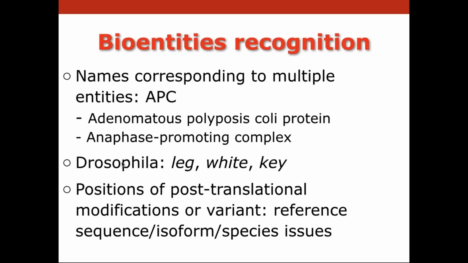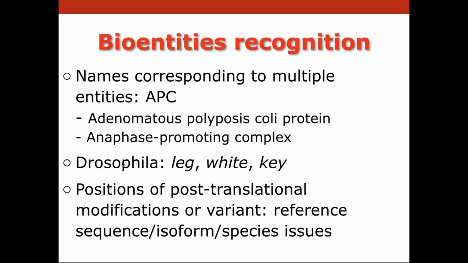I also put some Drosophila genes here, but it's not the only case where there are genes that are named with real English words. And so obviously this can also cause false negative problems.